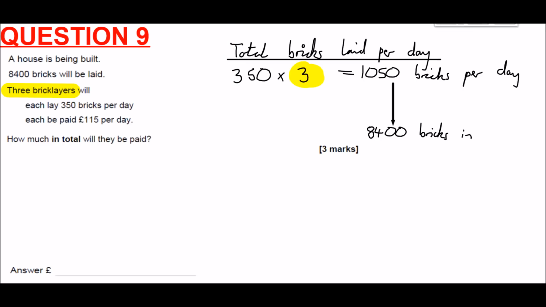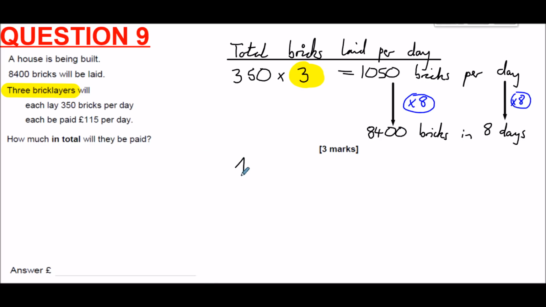And so what that tells us is to lay 8 times as many bricks, which is how many we'd need, 8 days. So those 8,400 bricks could be laid in 8 days. So 8 days are needed.